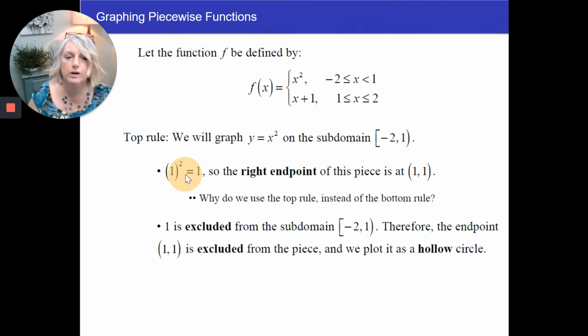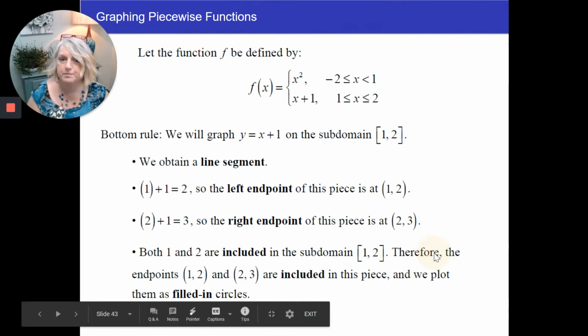I'm trying to figure out where the parabola piece stops. So why do I use the top rule instead of the bottom rule? Because I'm not finding a function value. I'm trying to figure out the end of the piece of the parabola at 1. So I'm plugging it into the parabola to find the end. But then I exclude it because of the parentheses, and so I put a hollow circle there.